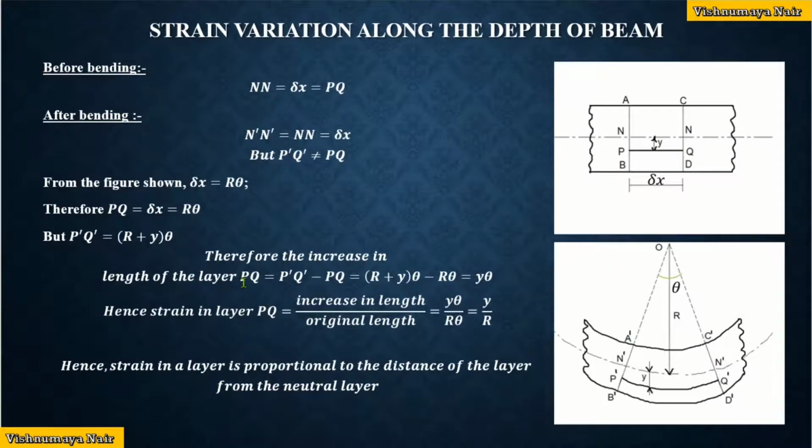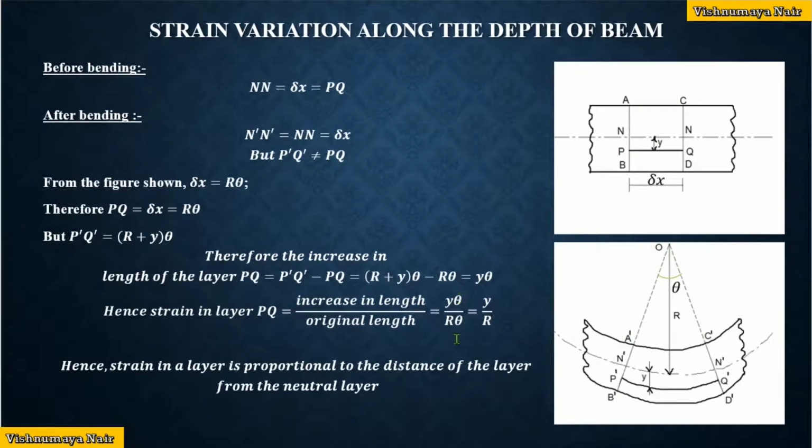Therefore, the increase in the length of the layer PQ will be equal to P prime Q prime minus PQ, which is equal to R plus y into theta minus R theta, which is equal to R theta plus y theta minus R theta, which is equal to y theta. Hence, strain in the layer PQ will be equal to increase in the length of the layer PQ by the original length of the layer PQ.